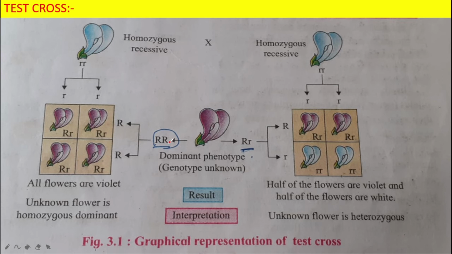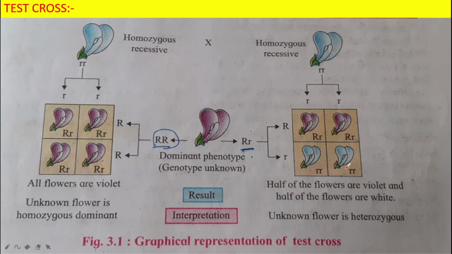Now let's consider that the purple flower has the genotype capital R, small r, heterozygous. When this is crossed with the recessive parent, the gametes are small r, small r. In this crossing, we get capital R, small r, capital R, small r, and small r, small r, small r, small r.